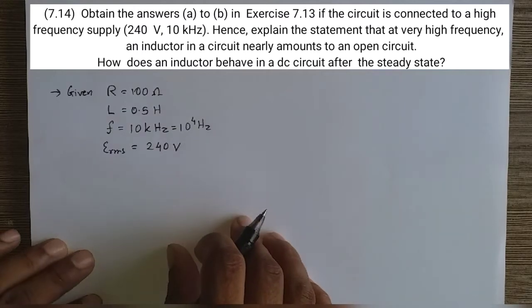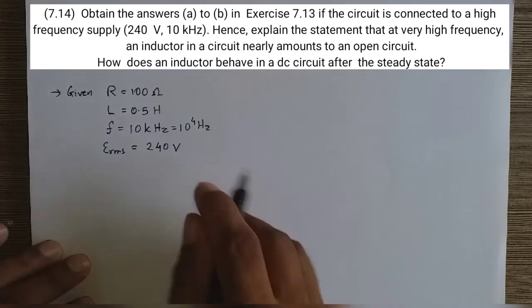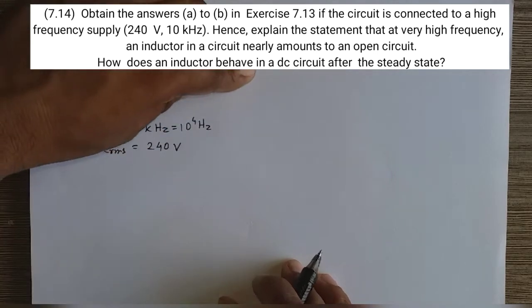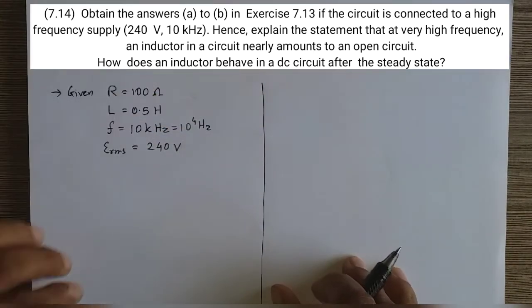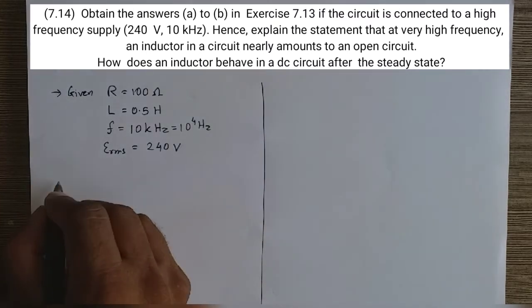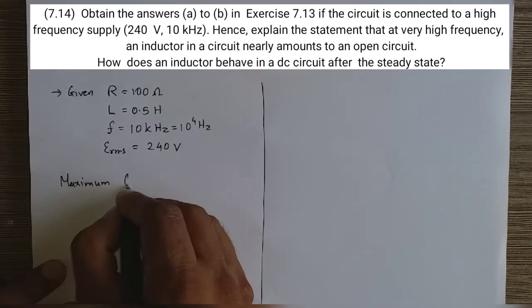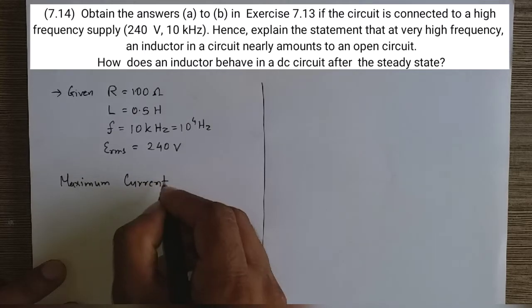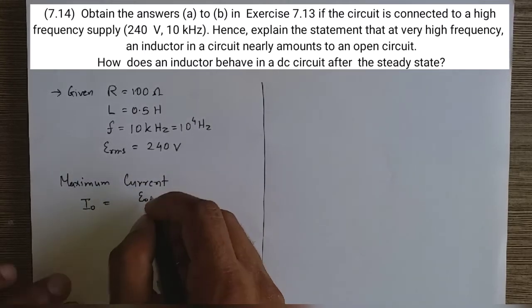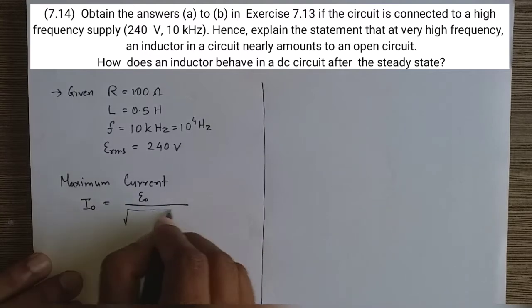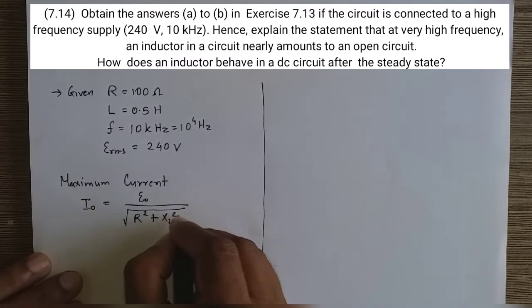Now in 7.13 we found the maximum current. So here also we first find the maximum current and then we do the comparison. Let's see. The maximum current I naught is equal to epsilon naught by root of R square plus XL square.